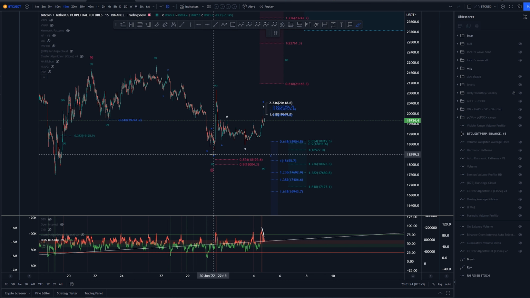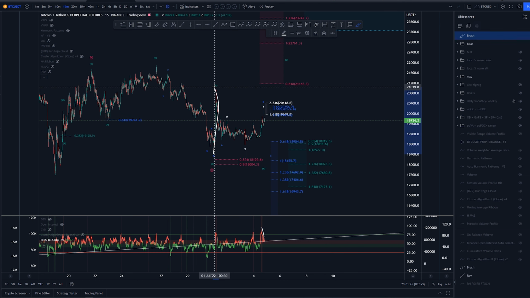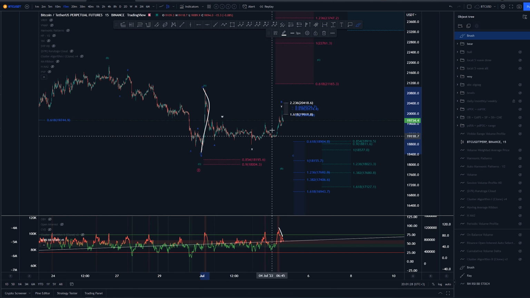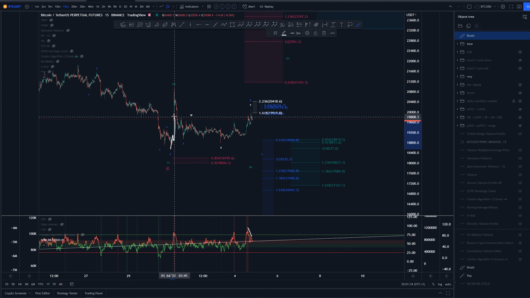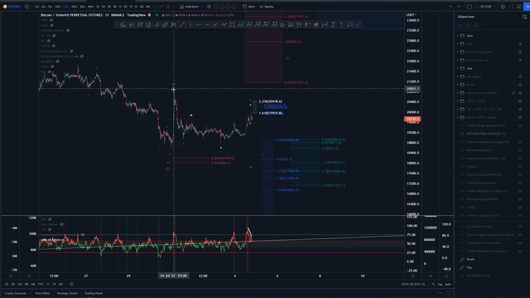After X, we had this possible five-wave structure here. It is not certain. We could be labeling this as some kind of a three-wave structure in here, three waves down and three waves up, creating this as a W instead.